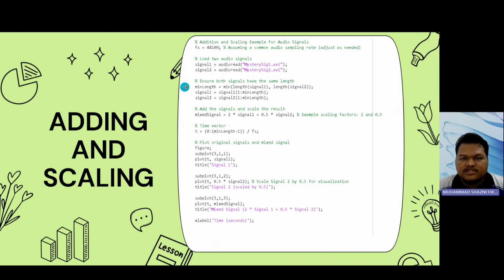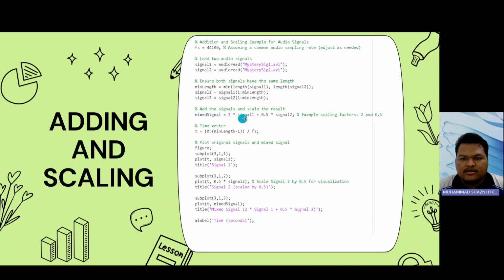After that, we ensure that both signal 1 and signal 2 have the same length, so we use minimum length equal to the minimum of the lengths of signal 1 and signal 2. Then we add the signals and scale the result.